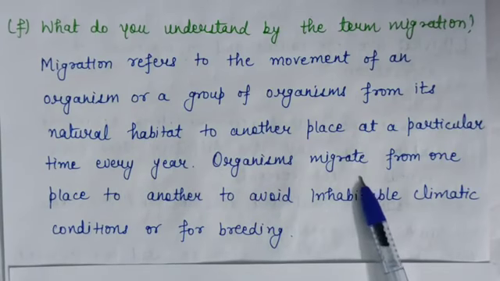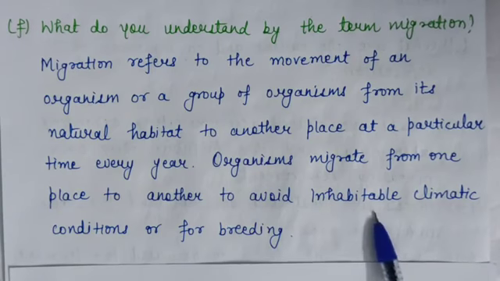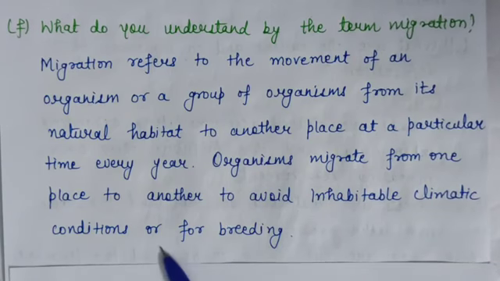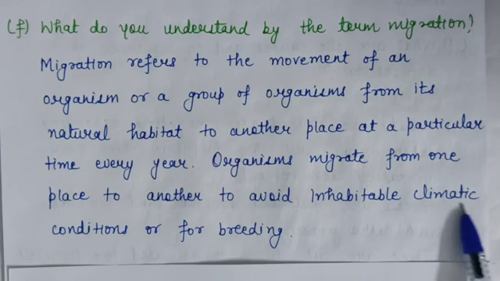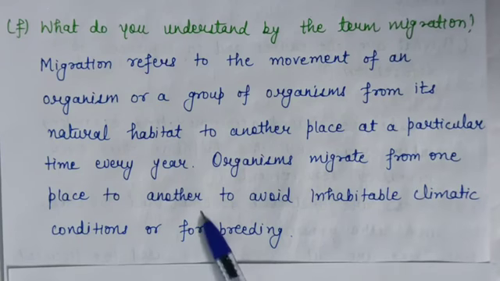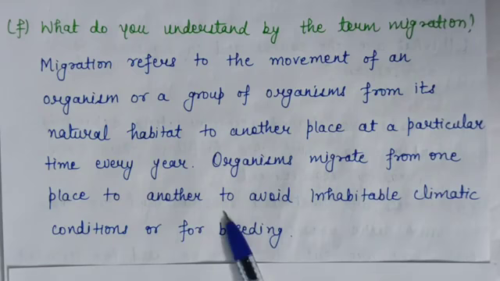Organisms migrate from one place to another to avoid inhospitable climatic conditions or for breeding. Means some birds migrate to escape from extreme cold. Okay, so if they avoid inhospitable climate, then they migrate from one place to another place. And sometimes for breeding also, they migrate.